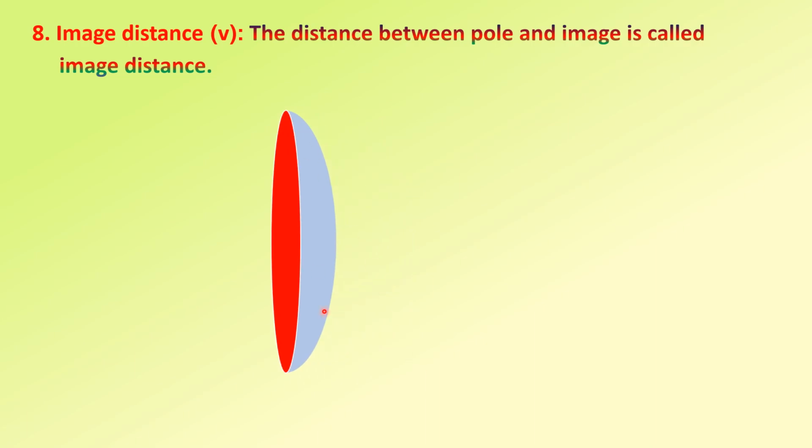Let us see here, this is the convex mirror and here is the pole P, C is the center of curvature and F is the focal point or focus, and this line is the principal axis. Now we have to place the object this side in front of the convex mirror, and the convex mirror always forms its image behind it, on the other side. Between P and F, the image is formed here.